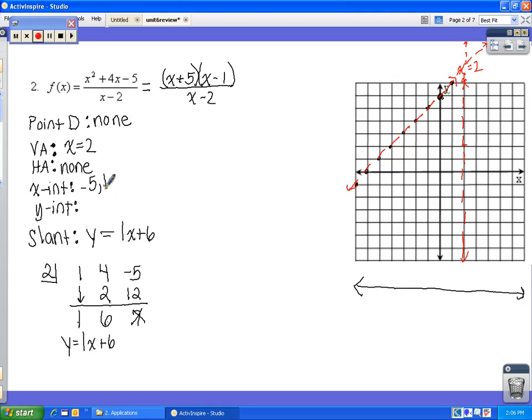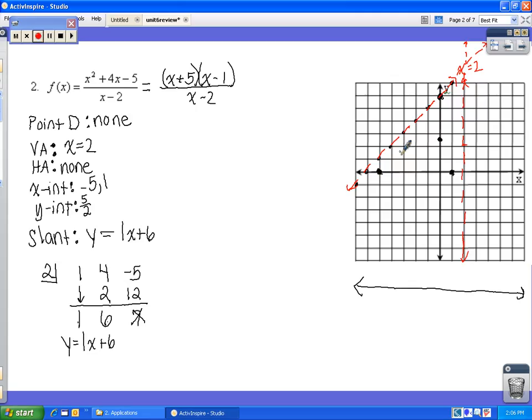My y-intercept is when x is 0, so I have 0 plus 5, 0 minus 1, and 0 minus 2. So that's going to be 5 times -1, which is -5, divided by -2, so -5 over -2 is just +5 over 2. So my y-intercept is going to be up about 2.5, which is right here. And then my x-intercepts are 1, 2, 3, 4, 5, and 1.